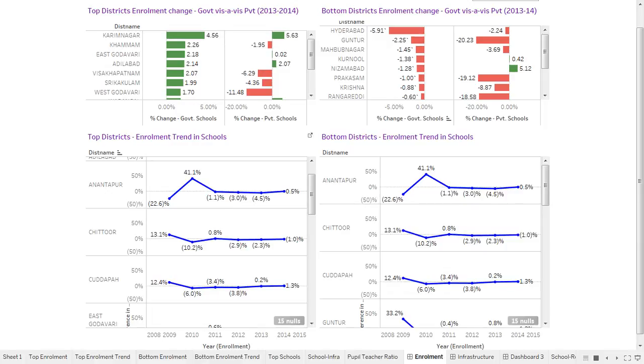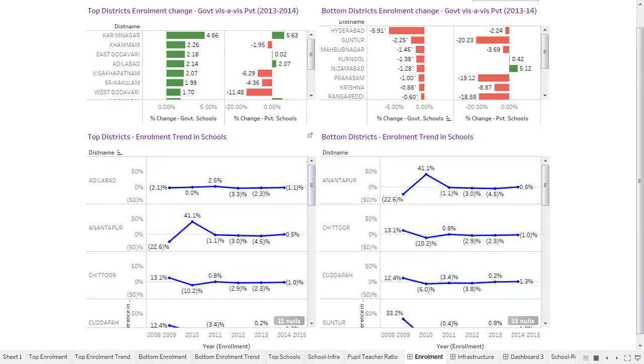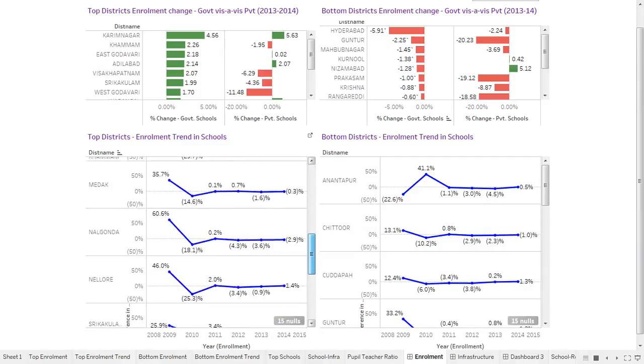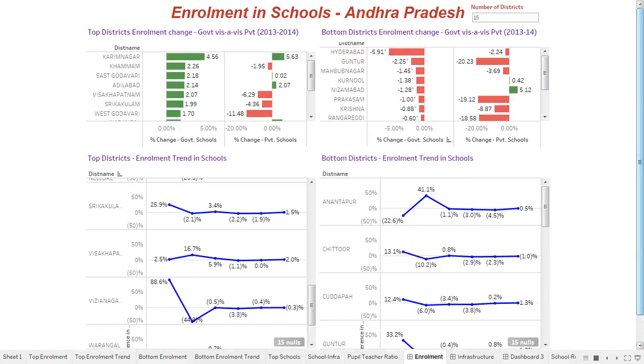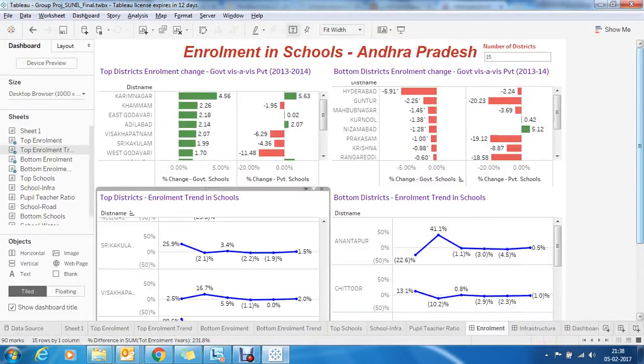One interesting thing to observe in the bottom half visualizations is that in 2010 there was a drastic reduction in enrollment across all the districts, and from there has been a consistent gradual increase in enrollment across different district schools. So this is what this dashboard says.